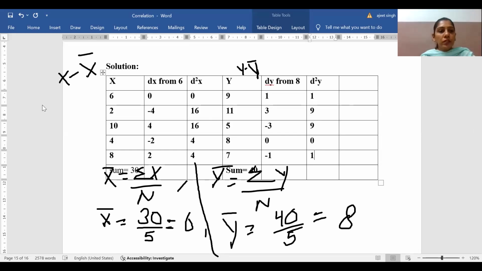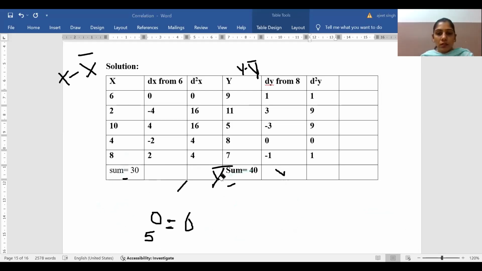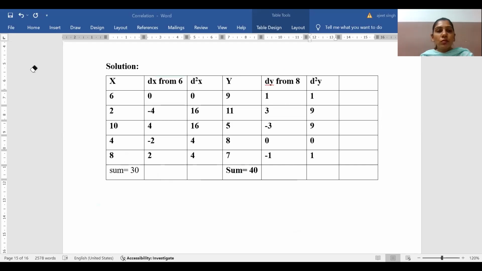So let me first erase this calculation. What we have to do is calculate the sum of d square x and d square y.